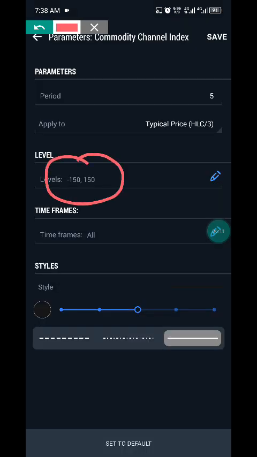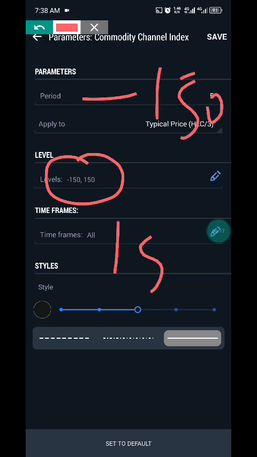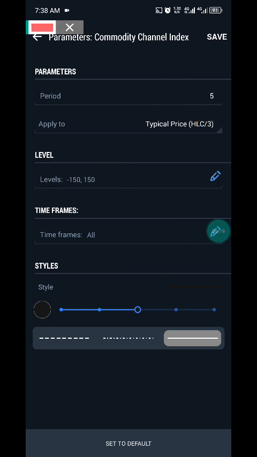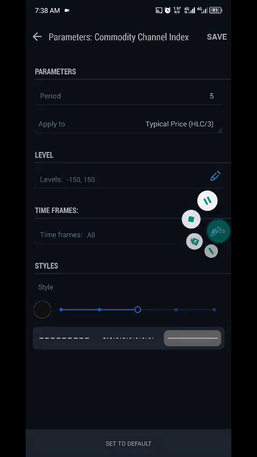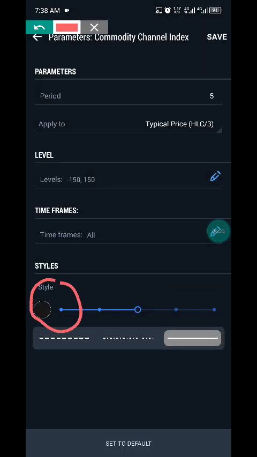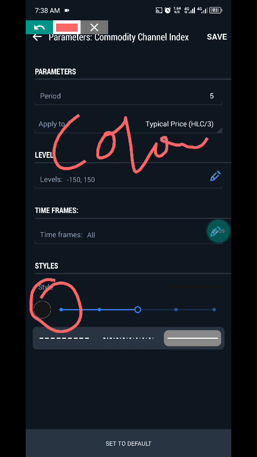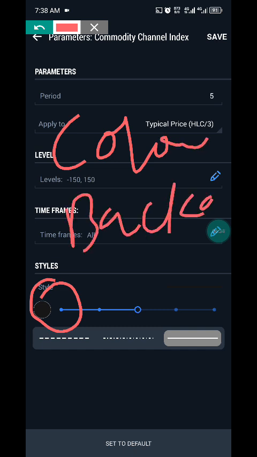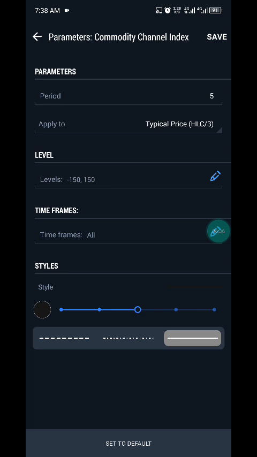We see our levels here, negative 150 and 150 also. What you need to do is leave it at that, and you can change the color on this particular side to the color of your background. So that is how to do it on our Commodity Channel Index.